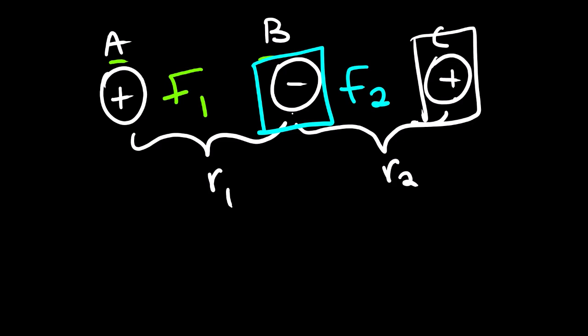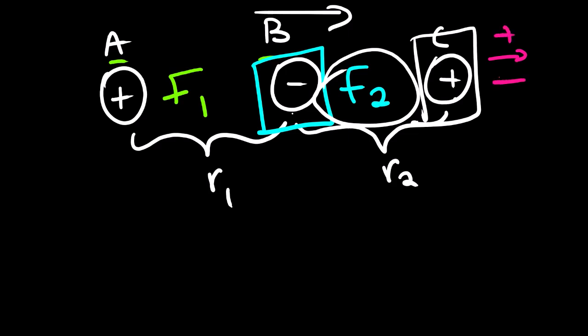We know that the direction of B will be to the right. As we can see, the nature of the force between the two charges is a force of attraction. So when you consider right as positive, left as negative, it means the electrostatic force between B and C will be positive. And then we ignore C, we go to A and B.